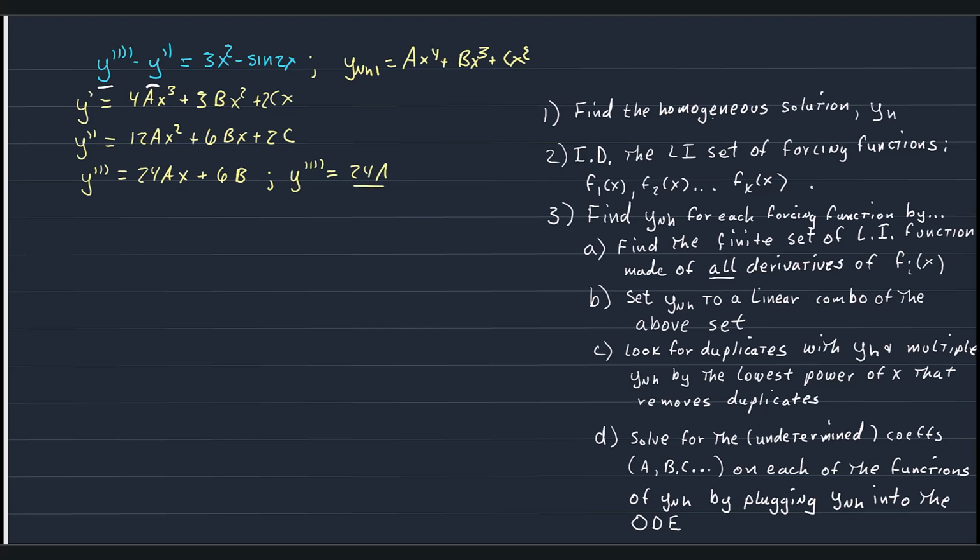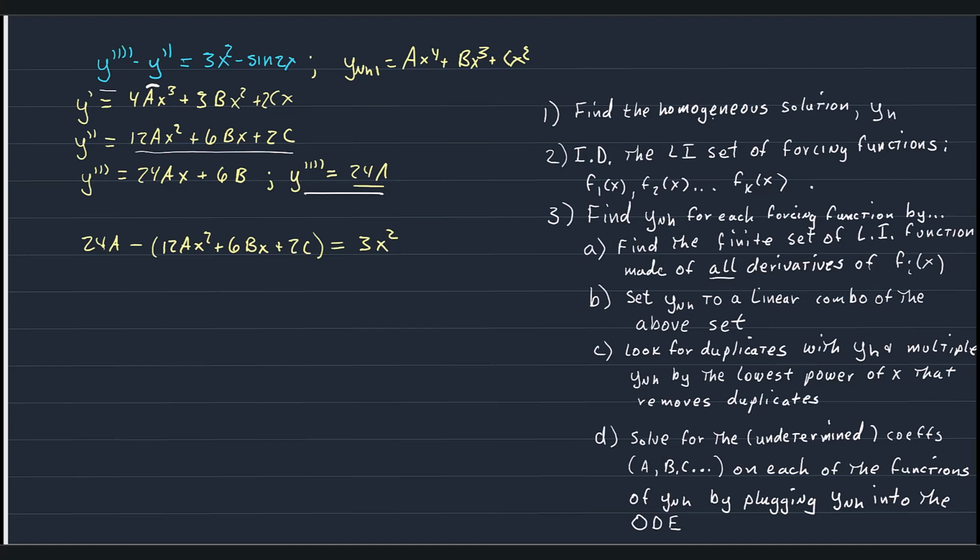And so when we substitute this and this into here and here, we get 24a minus 12ax squared plus 6bx plus 2c, and that all has to equal 3x squared. So now we have to solve for a, b, and c such that this is true.